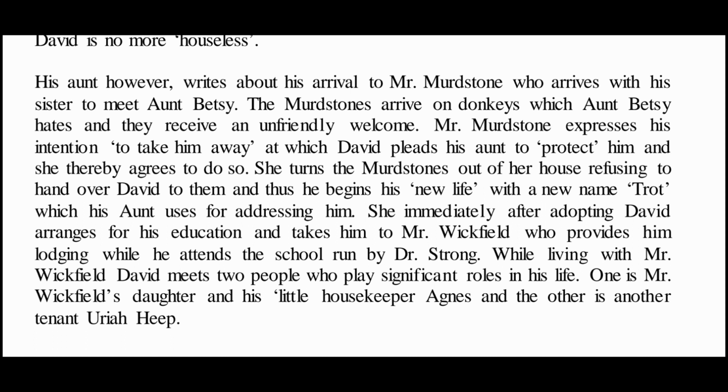She immediately after adopting David arranges for his education and takes him to Mr. Wickfield, who provides him lodging while he attends the school run by Dr. Strong. While living with Mr. Wickfield, David meets two people who play significant roles in his life. One is Mr. Wickfield's daughter and his little housekeeper, Agnes, and the other is another tenant, Uriah Heep.